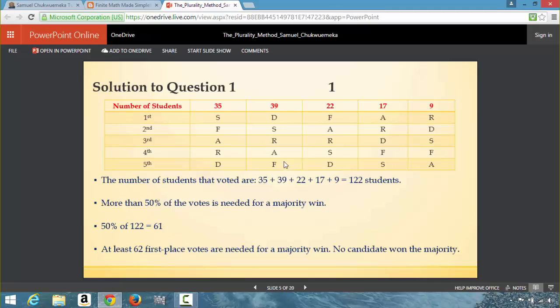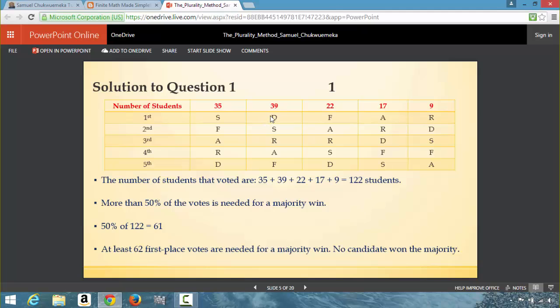You see a problem here. 39 students like him as first, but 57 do not even like him. They ranked him last. So do you think that this is a fair method or not? Do you think it's a fair voting method? Do you think that Desmond represents the majority of the students of the MCIS department?